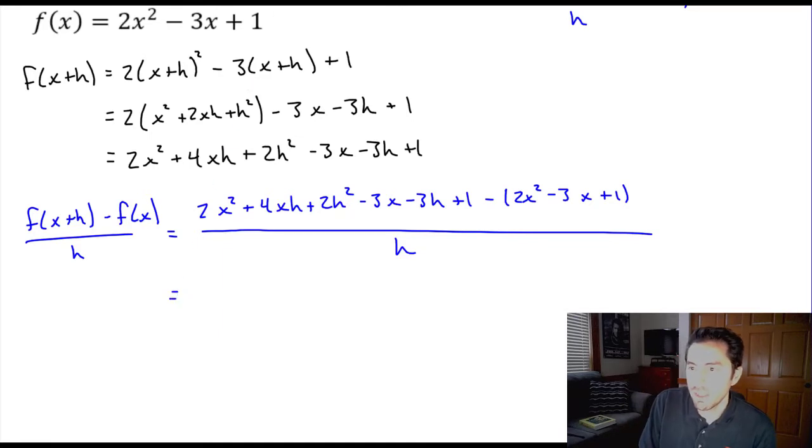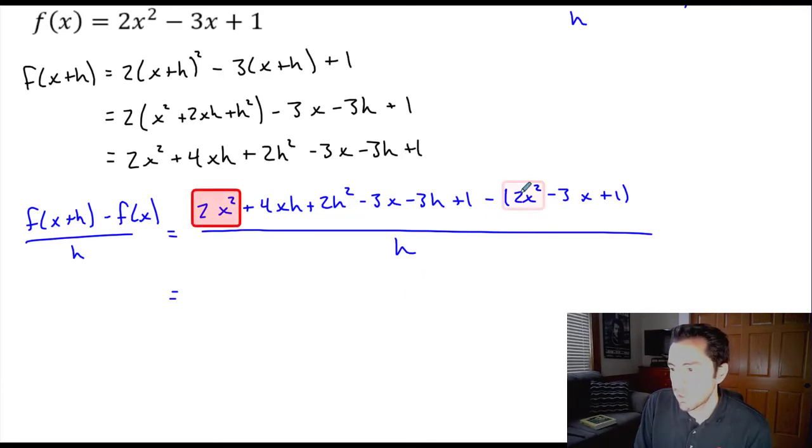Okay, let's take a look at that numerator and see if we can simplify anything. We should have some things that cancel out. Here's a positive 2x squared, and then we're going to subtract a 2x squared. So that will result in 0. Here's a negative 3x minus a negative 3x, so that turns into plus 3x.